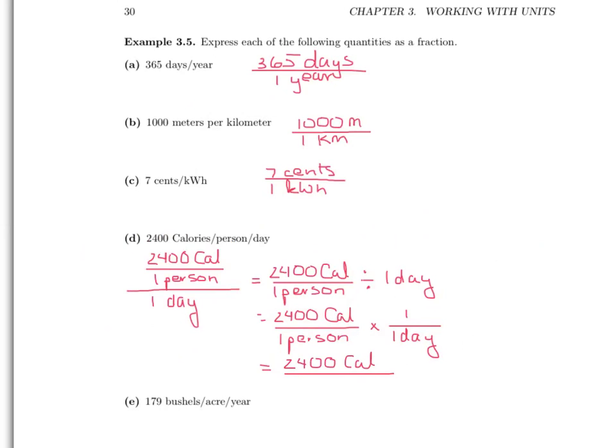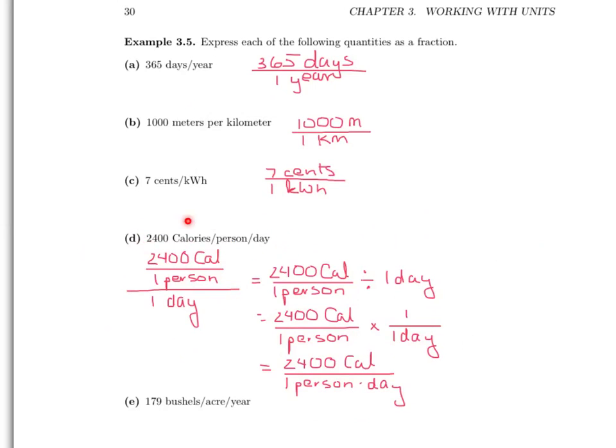When we multiply the denominators, we take the 1 times the 1, we get 1, and then we take the person times the day, and we get person times day, of course. So our denominator ends up with 1 person times day. Okay, so this would be the simplified form of this complex fraction.